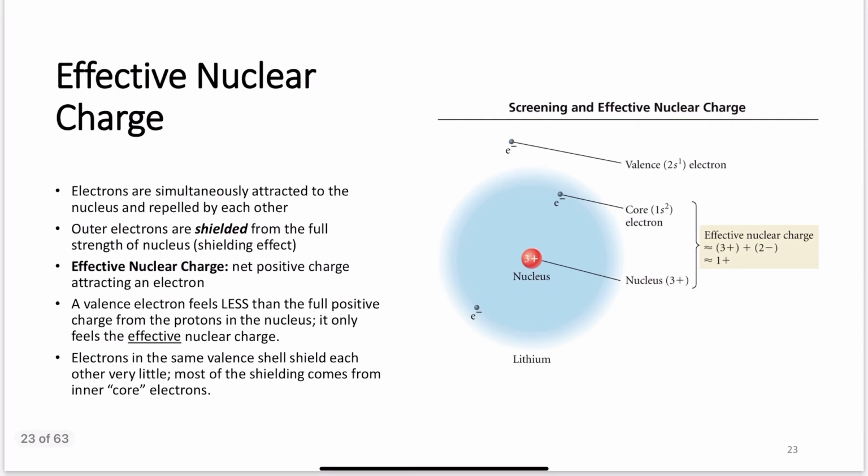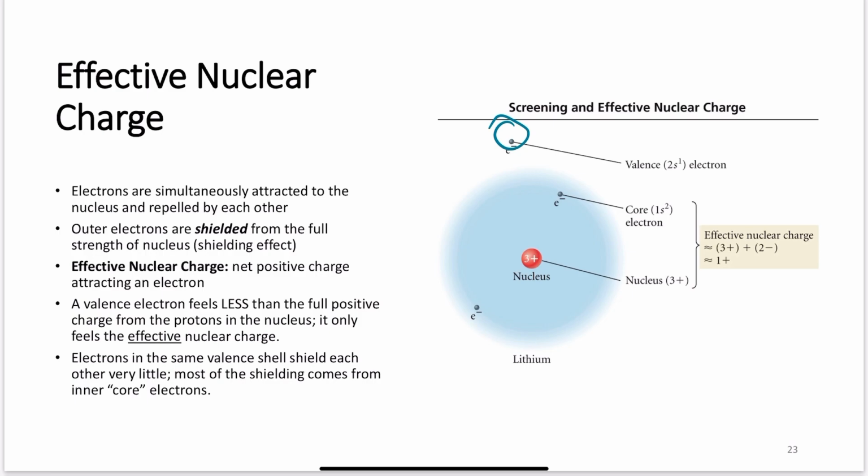Effective nuclear charge: electrons are simultaneously attracted to the nucleus, but also repelled by one another. These outer electrons, the farther out we are, are shielded from the full strength of the nucleus. We call this your shielding effect.